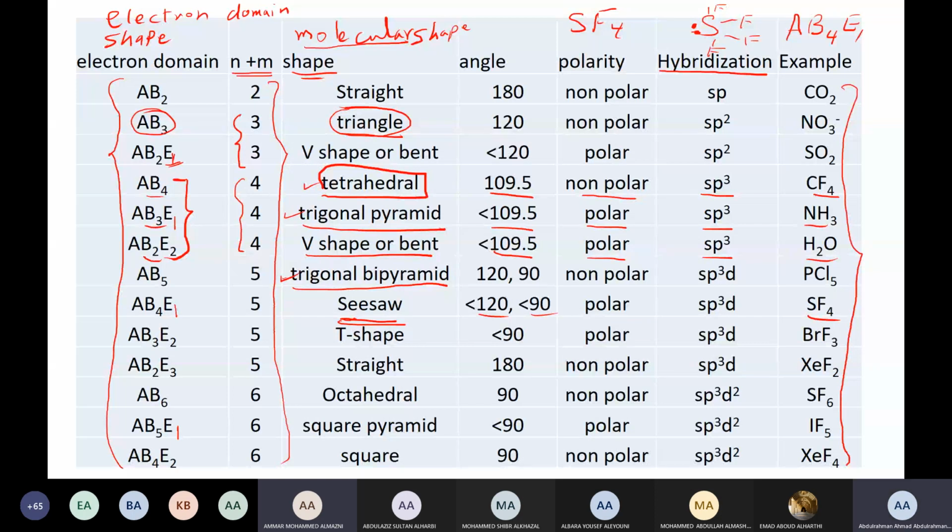Less than 120 and less than 90. So there is 90 and 120. Is this molecule polar or non-polar? Polar. You should know why it is polar and memorize it.